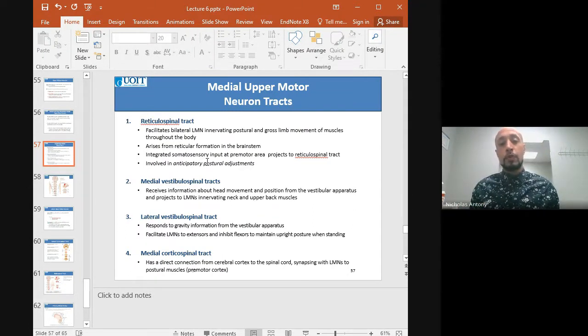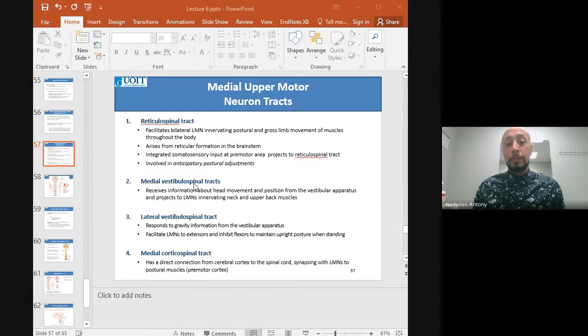That's what's called an anticipatory postural adjustment. So evolutionarily, remember things that are happening in the brainstem are evolutionarily older. The activation of our core and posture muscles is evolutionarily older. It happens through this tract, the reticulospinal tract. No questions for a second. Okay, so that's one tract, the reticulospinal tract.